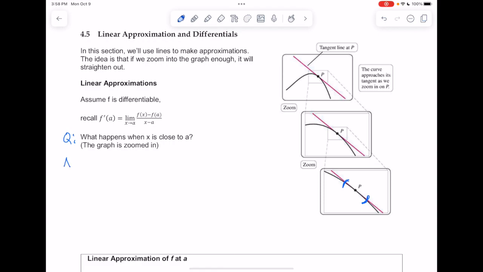So that's the first answer that we want to give. What happens when x is close to a? The original curve and the tangent line look the same.